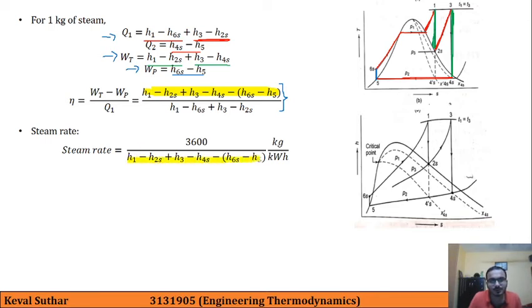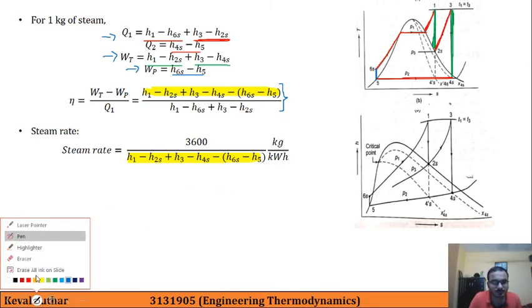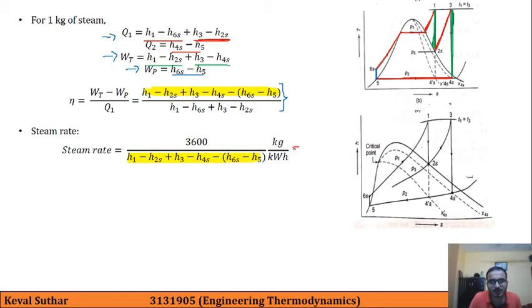If you recall, the value of steam rate was actually 3600 divided by WT minus WP, where the enthalpy is in kilojoule per kg.